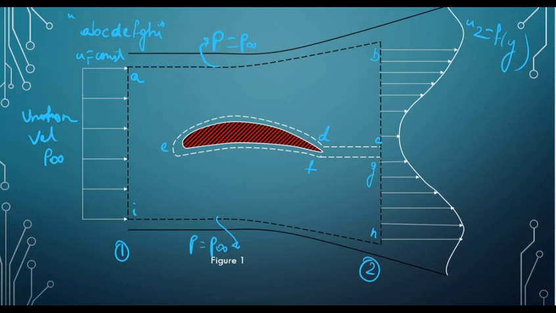One assumption we can see over here is that the surface shear stress on AB and HI has been neglected. That is, on this outer control volume, the surface shear force has been neglected.